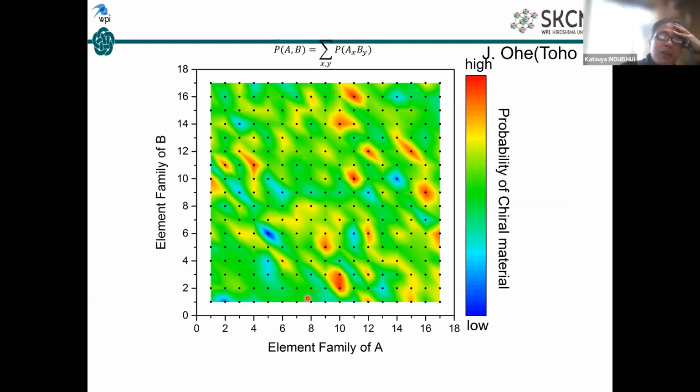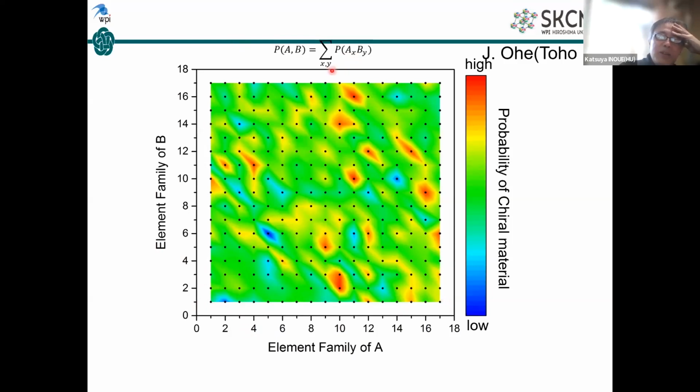AB means that, for instance, NaCl is Na as A and Cl as B. Then it is a two different element compound, starting from group zero, group 1 to 17. The halogen is here, and this one is alkali metal. This is for A, and this is for B.